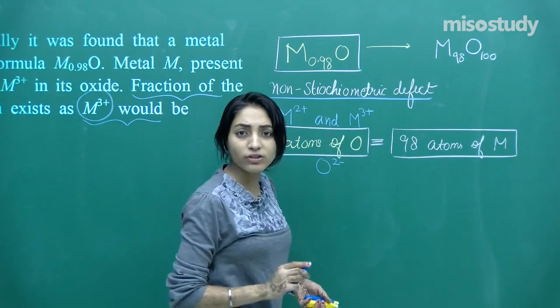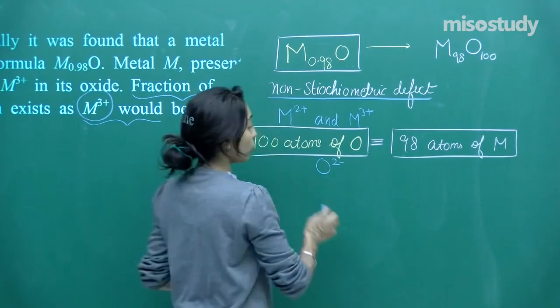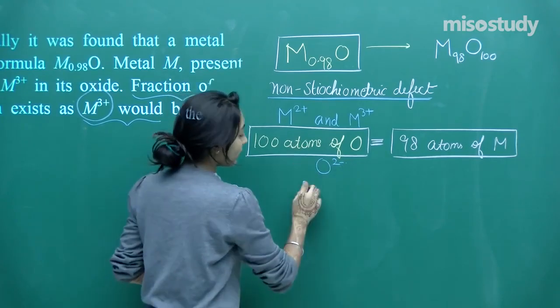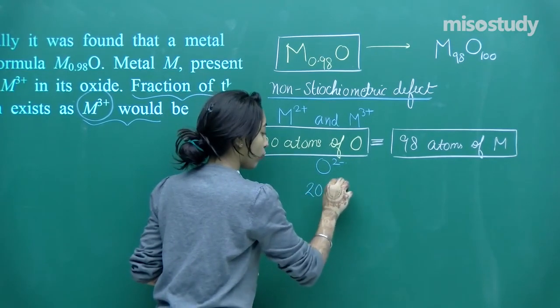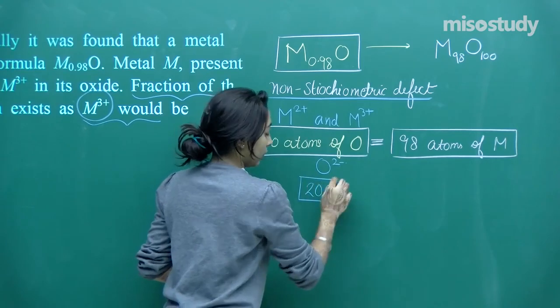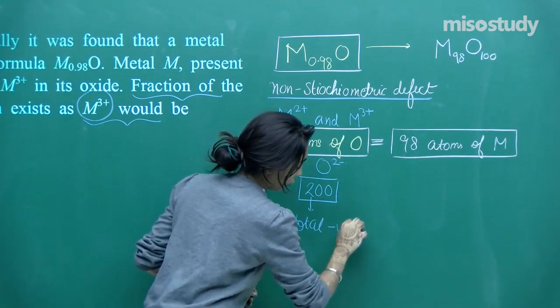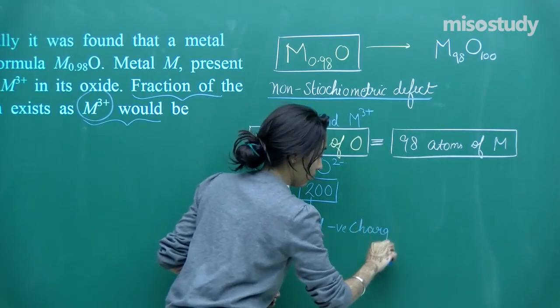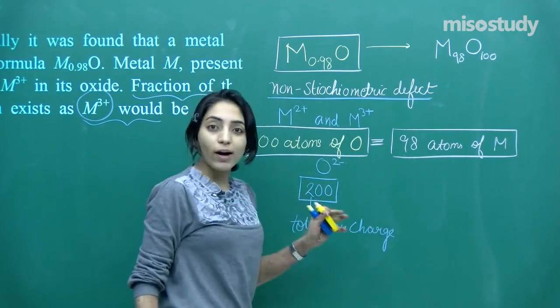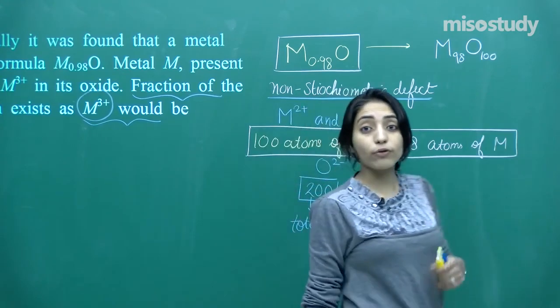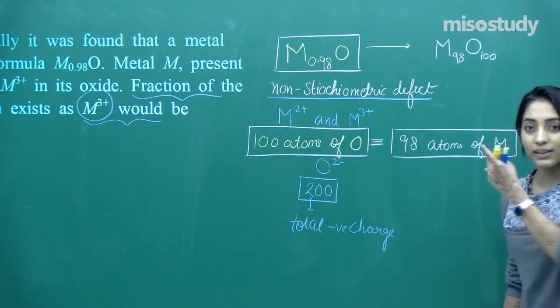So what is the total negative charge? The total negative charge will be 2 minus into 100, making it a total of 200. Now let us consider the amount of total positive charge present in the metal.